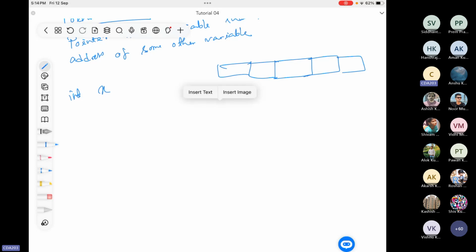When you write integer x, the computer allocates some space, say this one, for the variable x, and this space has a memory address. That is the place where the value of x is stored.